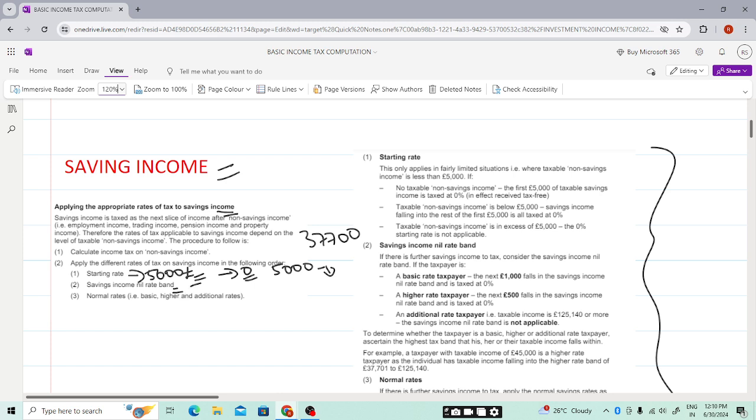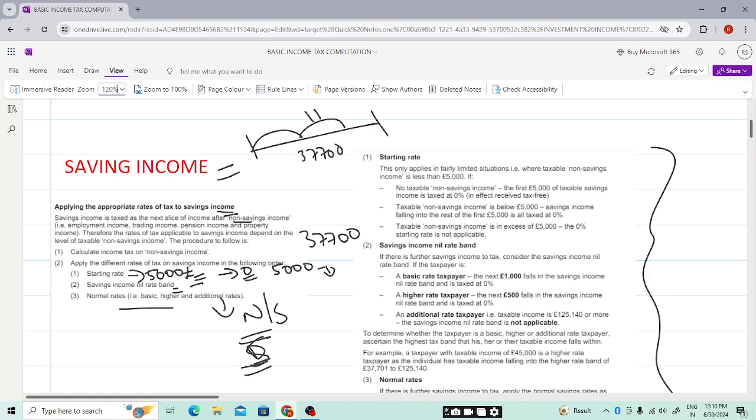So we are done with this, and the normal rates, basic, higher and additional, are as we have seen for the non-savings income. The same rules apply for the savings income also. Savings income is taxed as the next slice of income after non-savings income. As I mentioned, up to 37,700 is the basic rate limit, then above that you have higher rate and additional rate. Up to here you have your non-savings income, then you have your savings income.